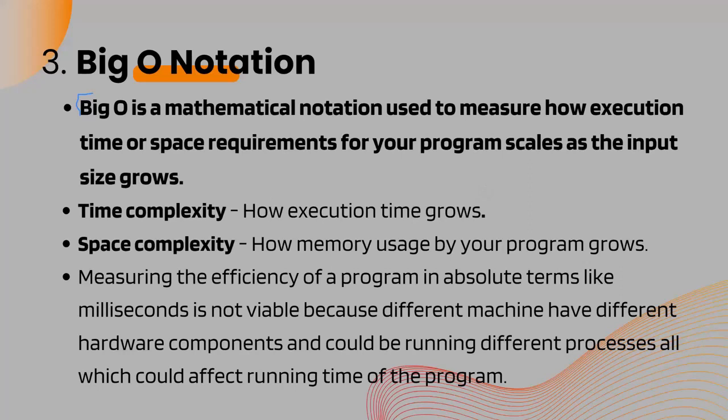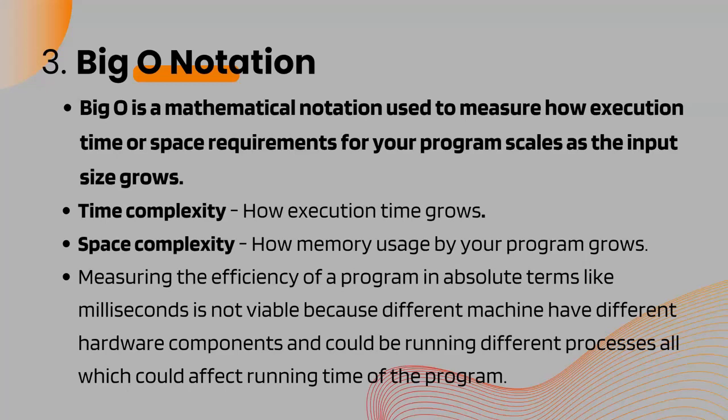Measuring the efficiency of a program in absolute terms, like milliseconds, is not a very good idea. You might have the same program, you put it on your machine, it takes 22 milliseconds to execute. You put it on my machine, it takes 30 milliseconds. You take it to a different machine, it takes 10 milliseconds.